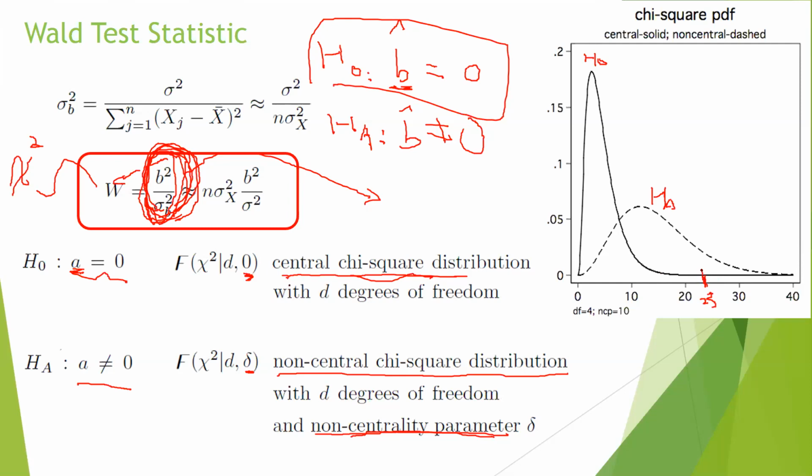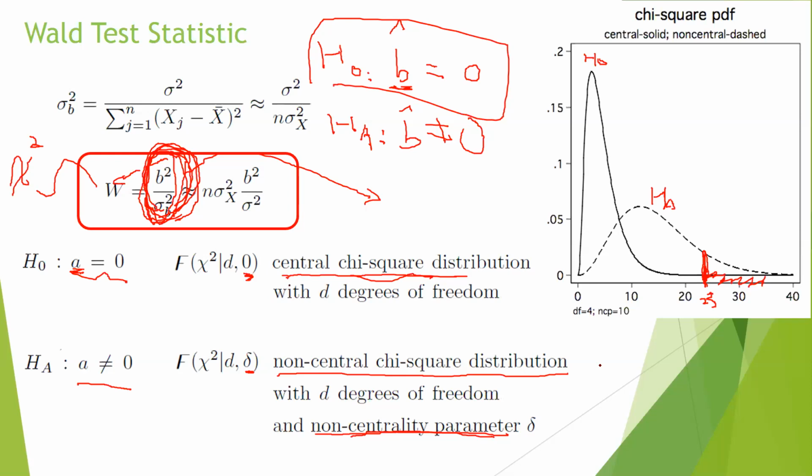Do you think it fits the null better or the alternative better? Alternative. Yes, very good. Because if you got a big value for your test statistic, it is strong evidence against your null hypothesis, right? The p-value is very small.